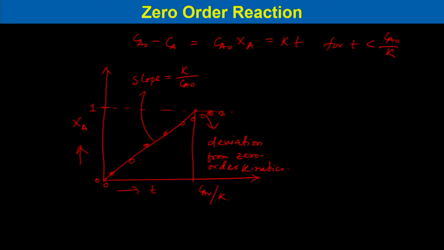When the reactant concentration falls to a very low level or the conversion goes higher, close to conversion 1, you will find that there is a deviation from 0 order kinetics. This means that 0 order kinetics is valid up to a certain concentration range.